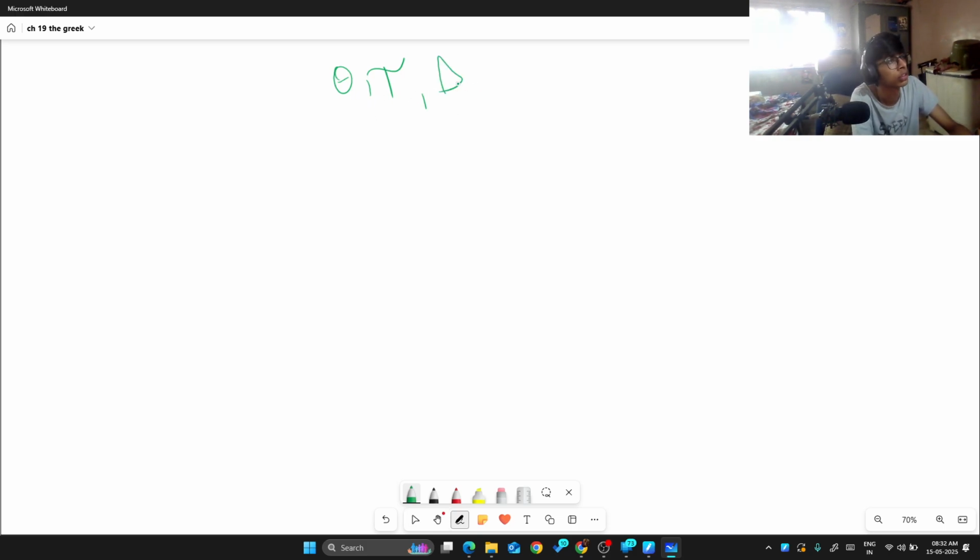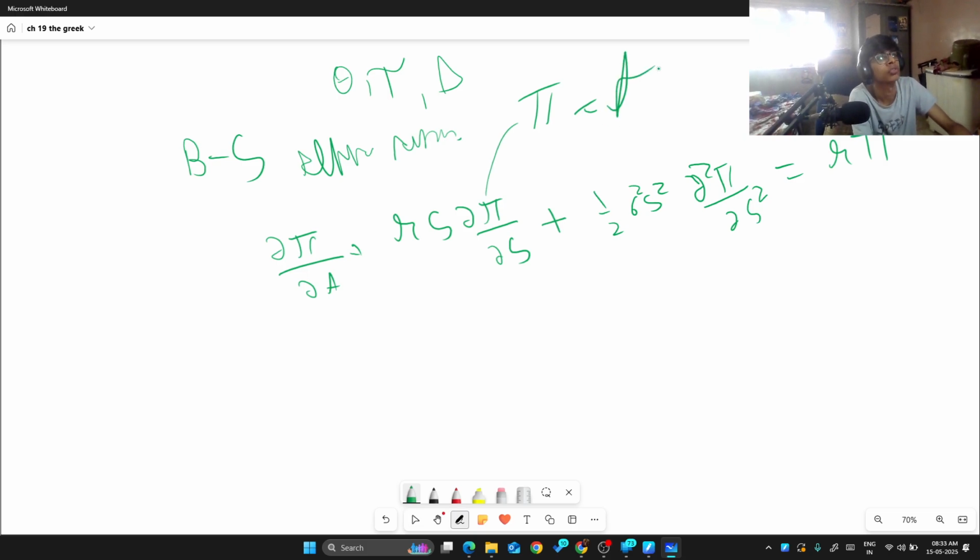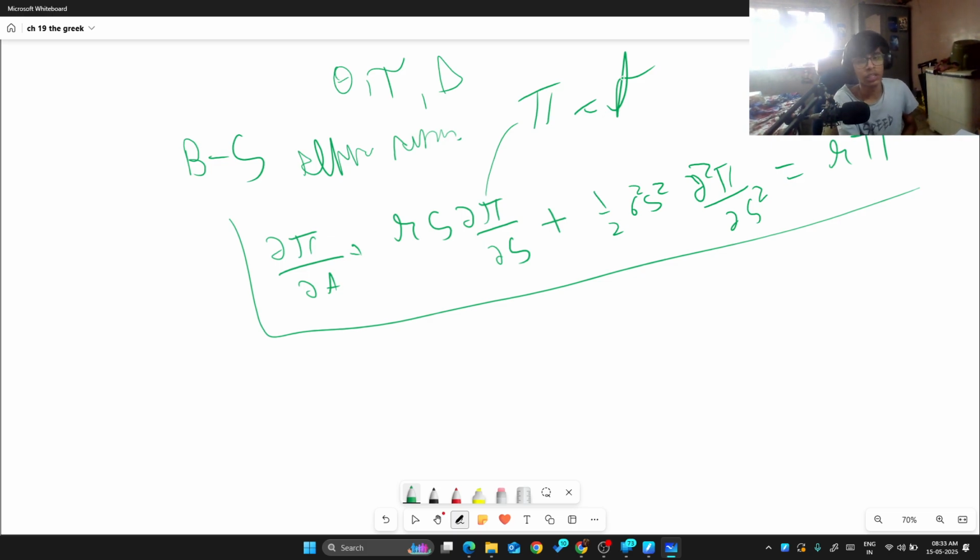You can recall the Black-Scholes differential equation: the partial derivative of the portfolio with respect to time plus rS times the partial derivative with respect to S plus half sigma square S square times the second order derivative with respect to S equals r times the portfolio. Here the portfolio is written as pi, though in the BS equation it is f, and you can use any variable.